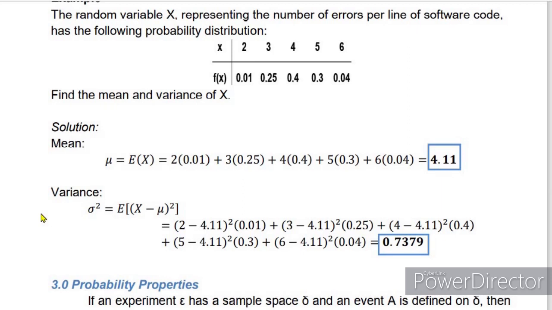We will get their difference and square it one by one, and then multiply that by the corresponding probability distribution, or corresponding f of x value. Then we add them all and get 0.7379 for the variance. So the variance describes the spread of the data from its mean.